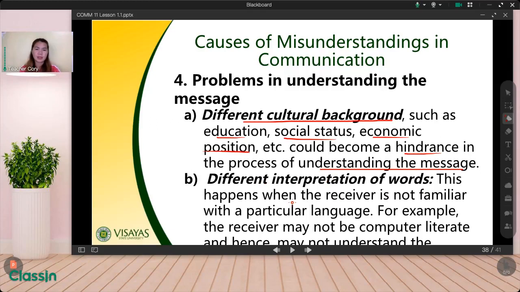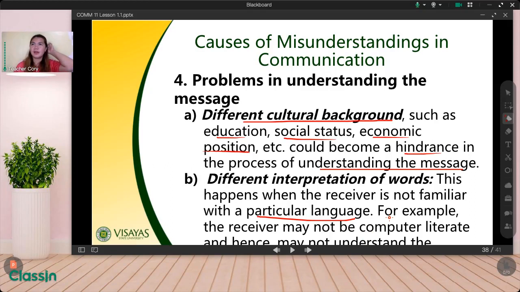Different interpretation of words. This happens when the receiver is not familiar with a particular language. So this time it is a language barrier. For example, the receiver may not be computer literate and hence may not understand the computer language that the sender is using.